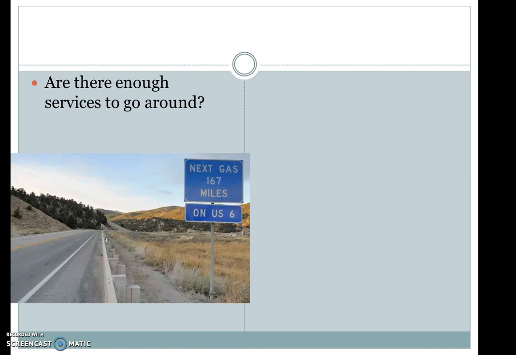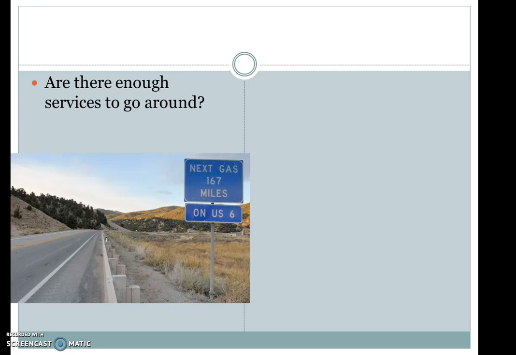I did not take this picture. I kind of wish I did. It looks kind of crazy, but it's actually out in Nevada. The United States, which is a very developed country, has areas where there may not be enough services to go around. In this picture, driving on US Highway 6, the next gas station is 167 miles away.